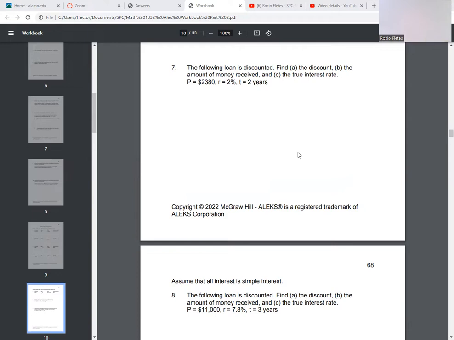Okay, so let us write the information that we know for number 7. And remember that for A, you need to find the discount. Let me just write this down. For B, we need to find the amount received. And for C, we need to find the true interest rate.